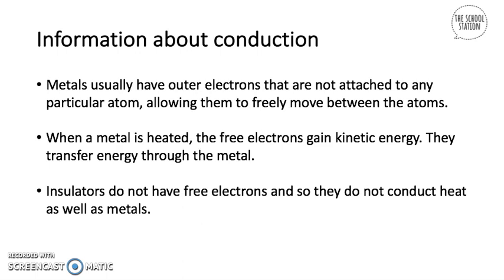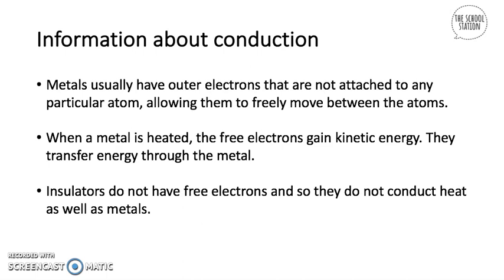When a metal is heated, the free electrons gain kinetic energy because, as I said earlier, the outer electrons are free to move. These free electrons gain kinetic energy and start moving very quickly. This is how they make the neighboring particles in the solid vibrate, and they transfer energy through the metal. And last of all, insulators do not have free electrons, and so they do not conduct heat as well as metals.